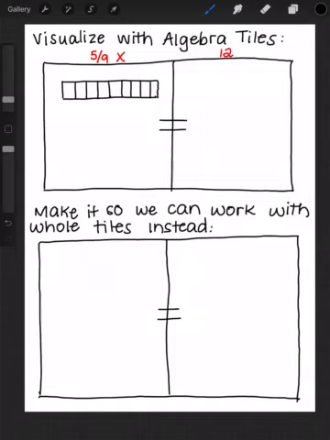Let me check: 1, 2, 3, 4, 5, 6, 7, 8, 9. So I'm splitting it into that, and I have 5 out of the 9 pieces. All together, this is x, and this part here is my 5/9. On this side, I have 12 positive tiles.